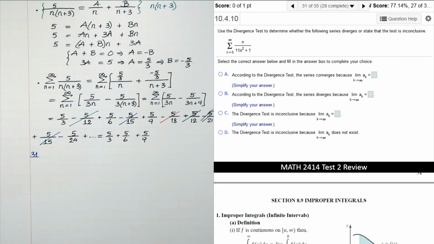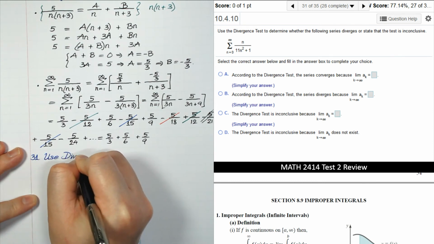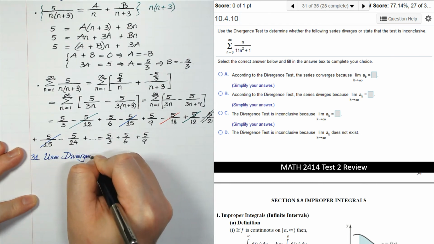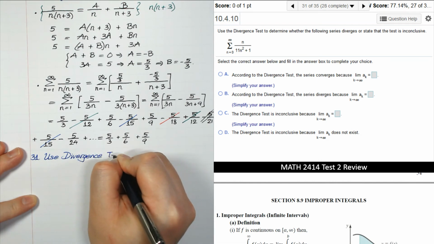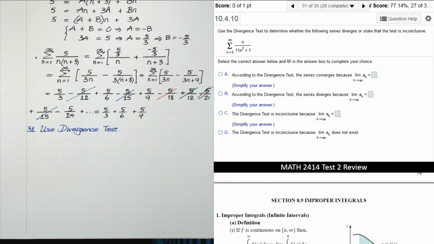I'll use the divergent test. Right, the divergent test, by the name of it, only tests for divergence, it cannot test for convergence.